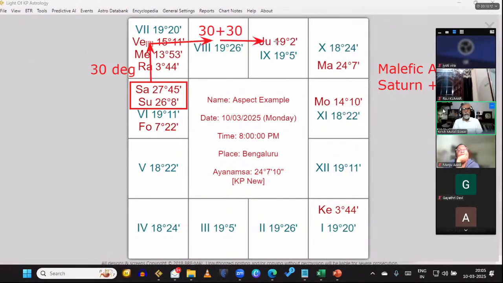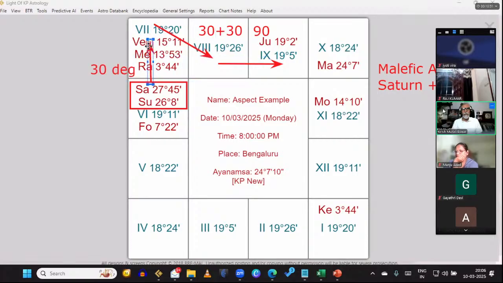Then from here, this will be 30 plus 30 plus 30, 90 degrees. That is around 26, 27 degrees in Taurus will be 90 degrees. But Jupiter is at 19 degrees. So therefore, it is not a meaningful thing to look at.